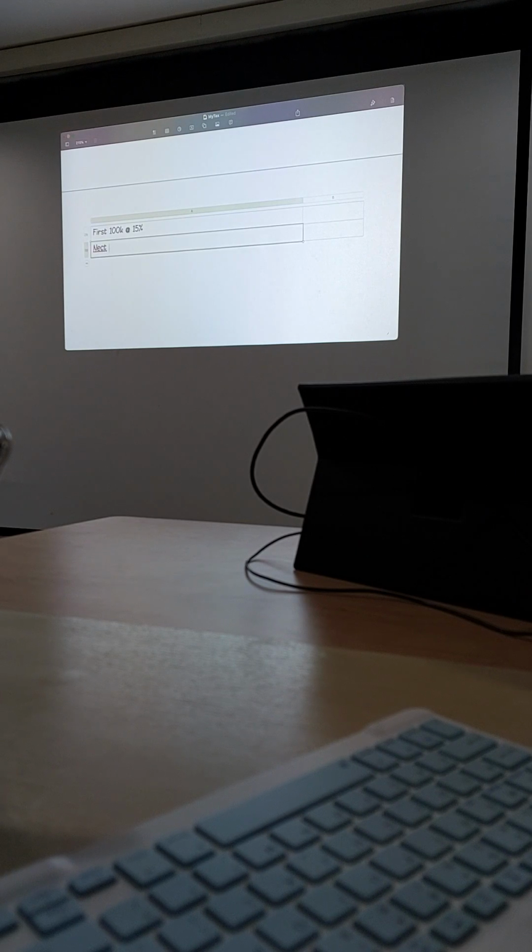Next 500k at 17%. Make correction. Subsequent at 24%.